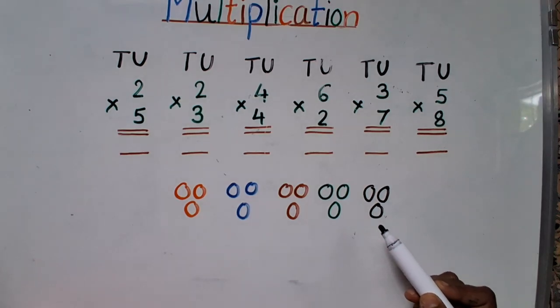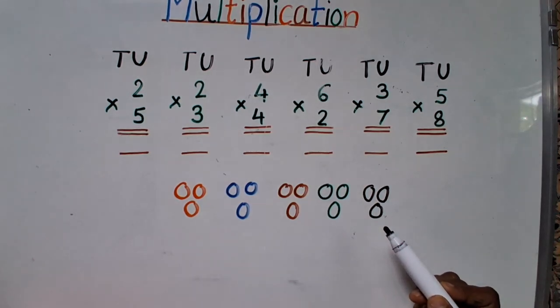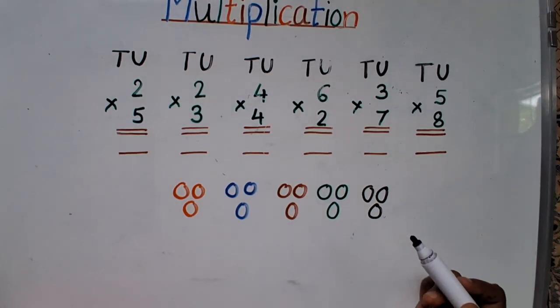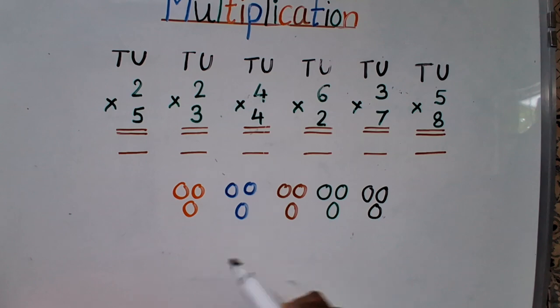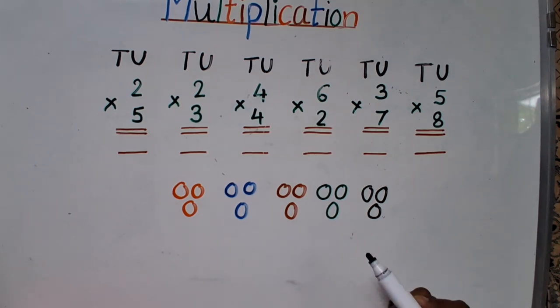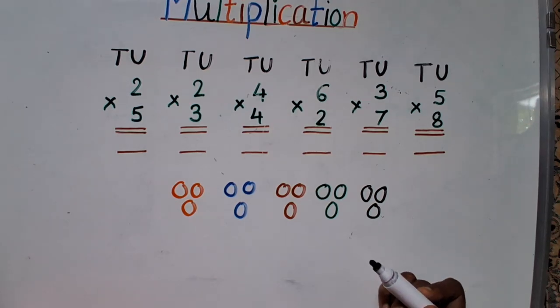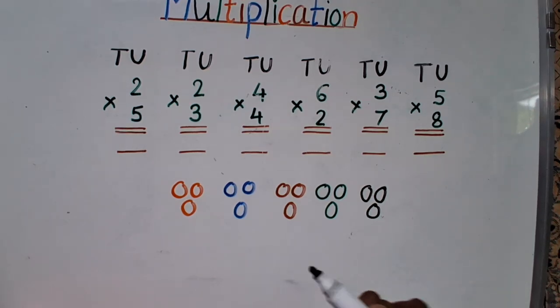Right? So it is a time consuming process, and we don't have so much time in our exam. We have to do a lot of things, right? So for this purpose we are going to learn multiplication in just 30 minutes. Okay, so multiplication means repeated addition.